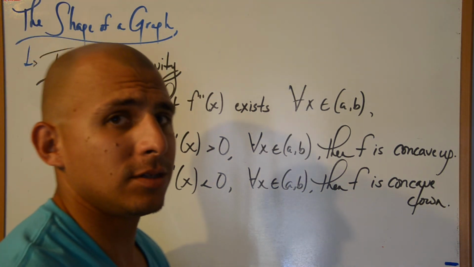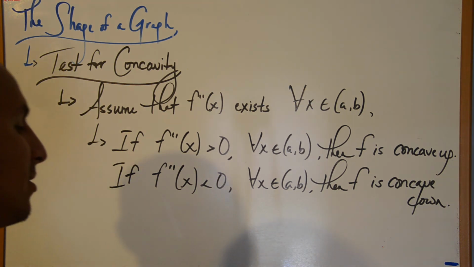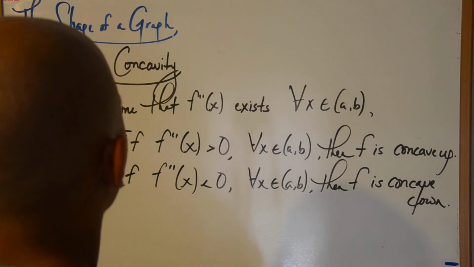But how do we determine whether or not f double prime of x is greater than 0, or f double prime of x is less than 0? Well, it all depends on a point.